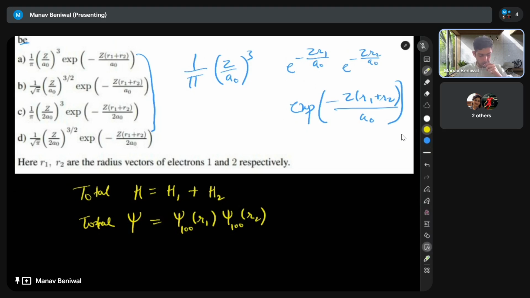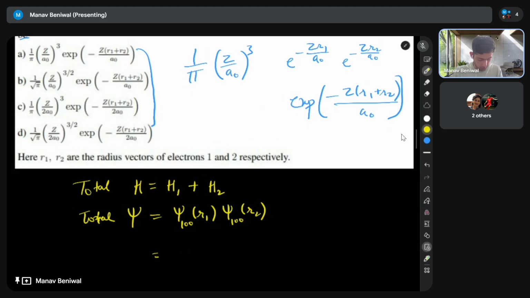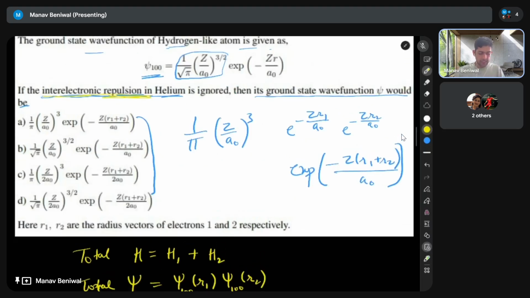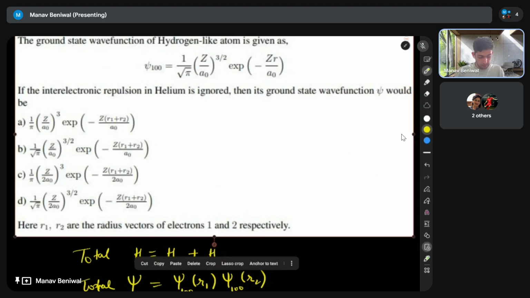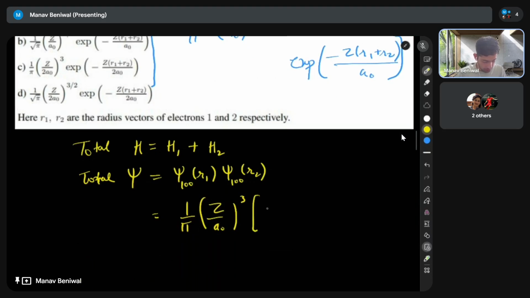And then this is very trivial now. This factor will just get squared, right? So it will give us 1 over pi, z over a naught cubed, and then here we have exponential minus z r by a naught. So this is multiplied by exponential minus z r1 by a naught, and then multiplied with exponential minus z r2 by a naught.